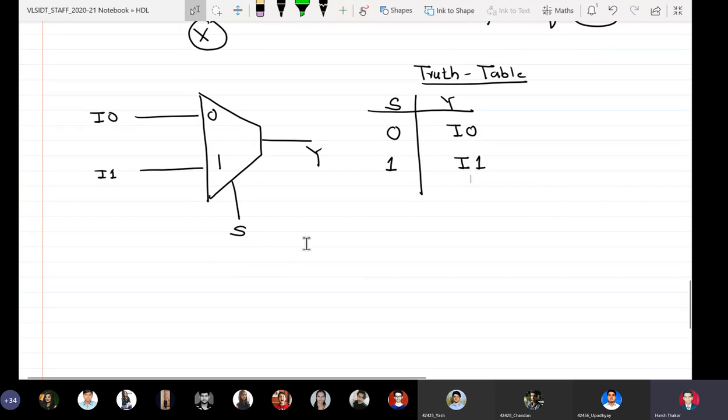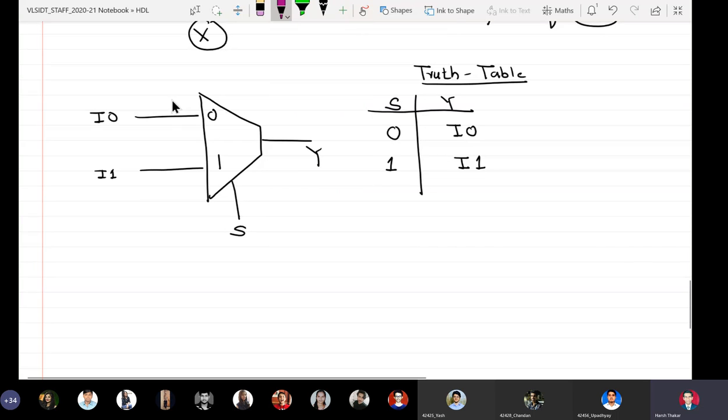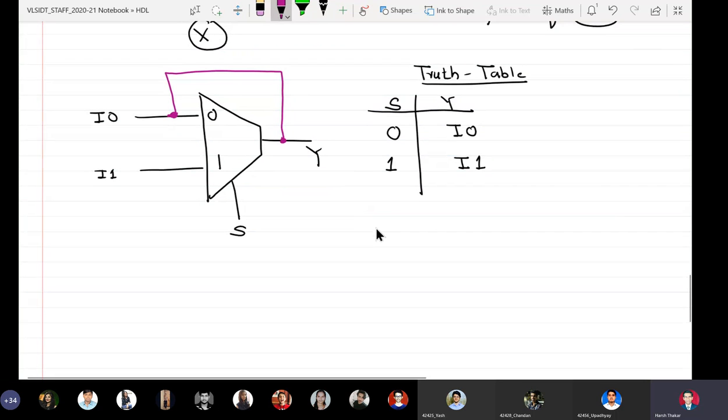Now what I do is this: I connect the output Y to I0 here. So now can you tell me what will be the modified truth table?